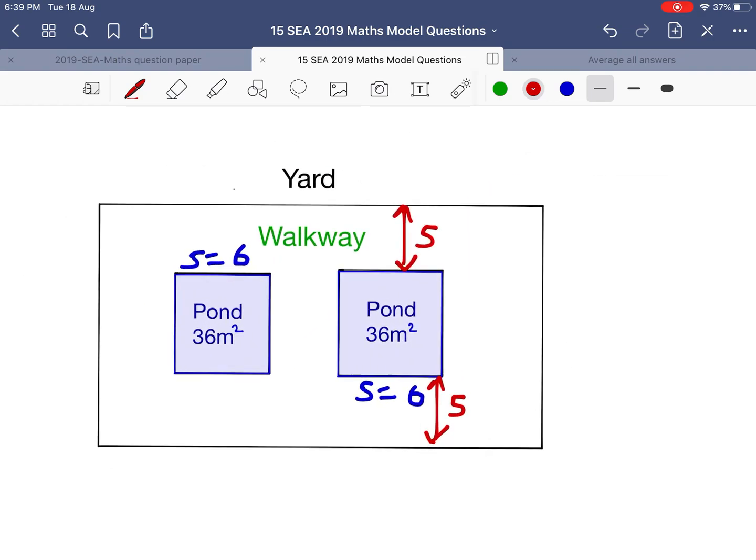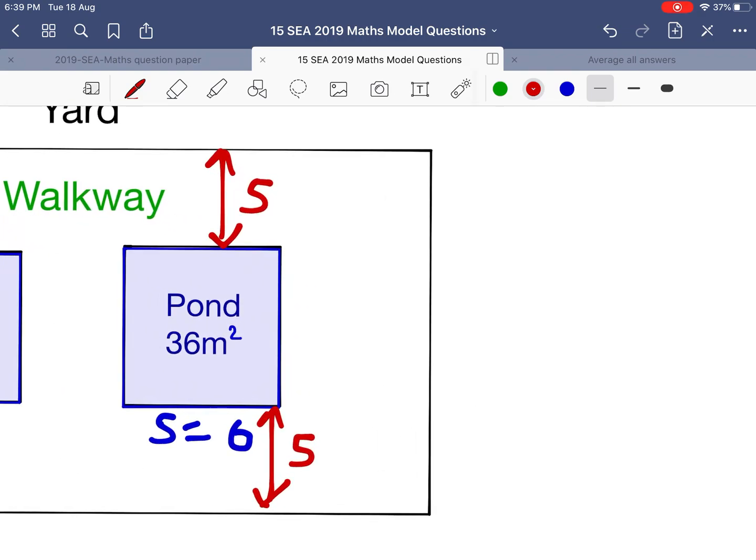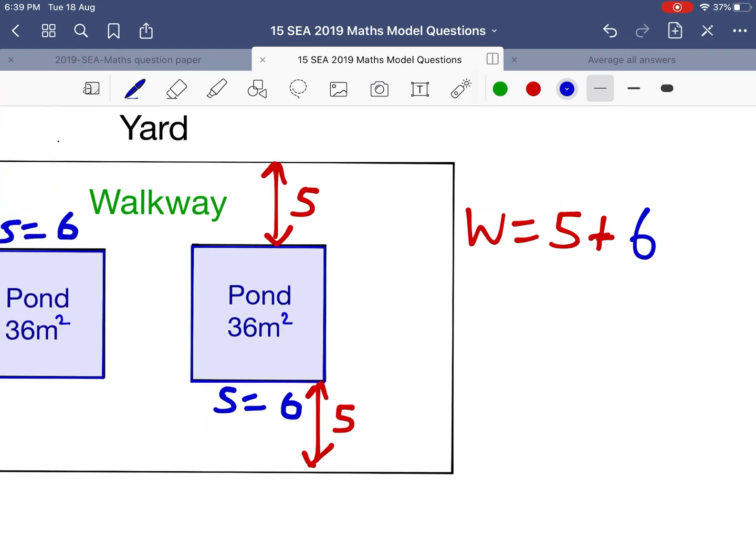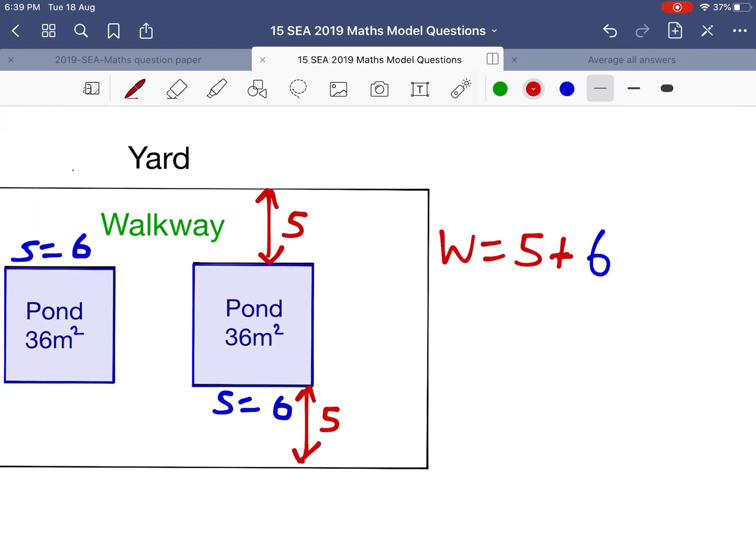So the total width of the yard would be 5 plus 6 plus 5, and this will give us 16 meters.